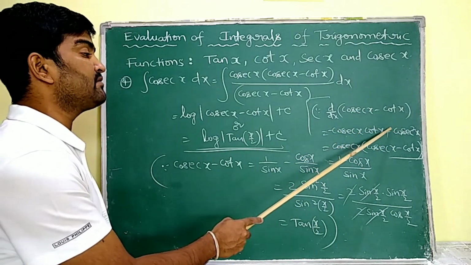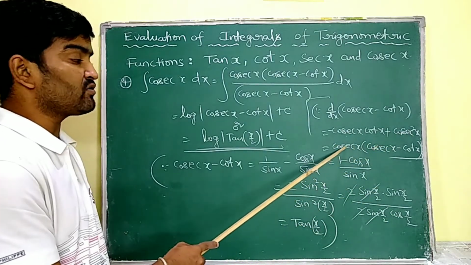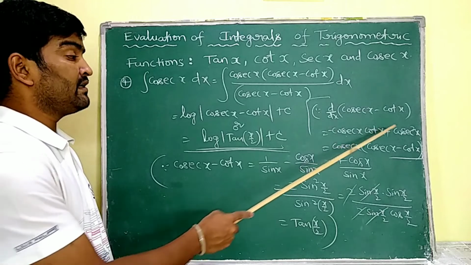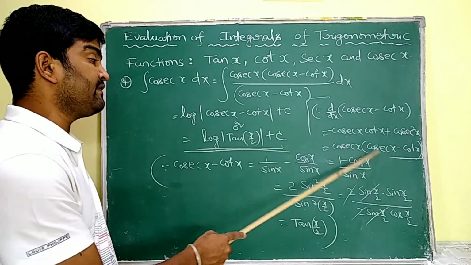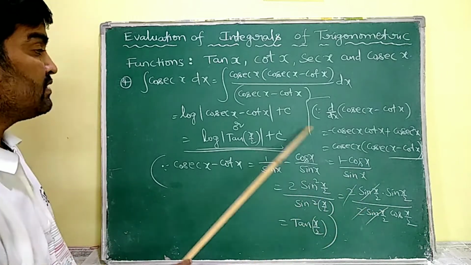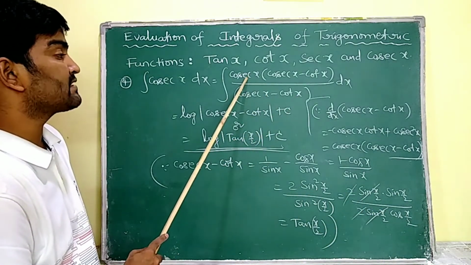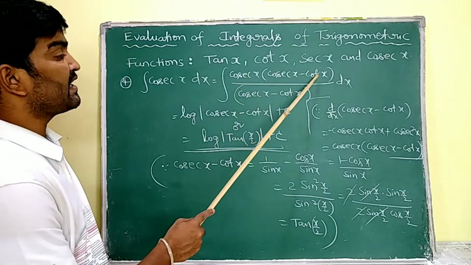Minus of this minus becomes plus cosec square x. From these two terms I take out cosec x as common, so cosec x is left, and minus cot x is the remaining value. So the derivative of cosec x minus cot x is nothing but cosec x into (cosec x minus cot x).